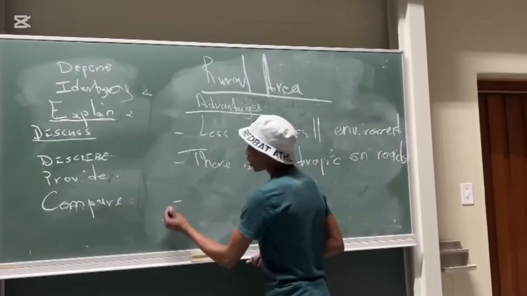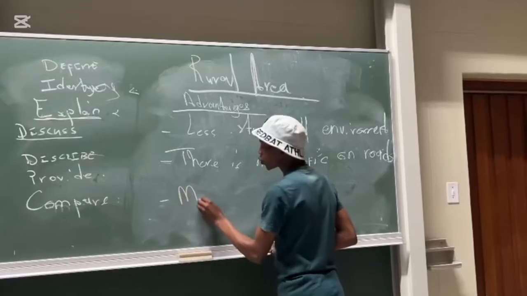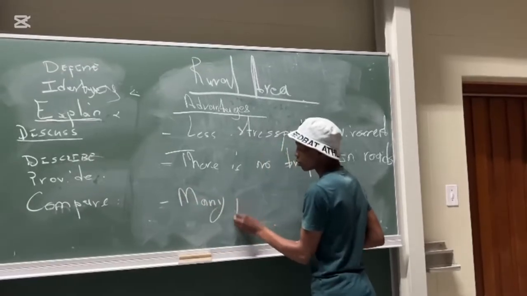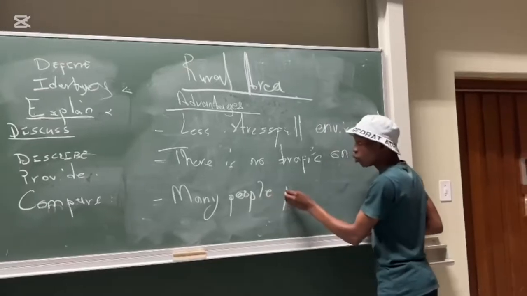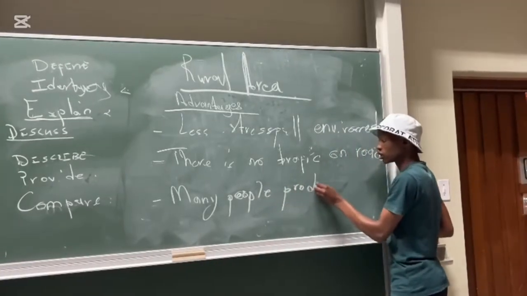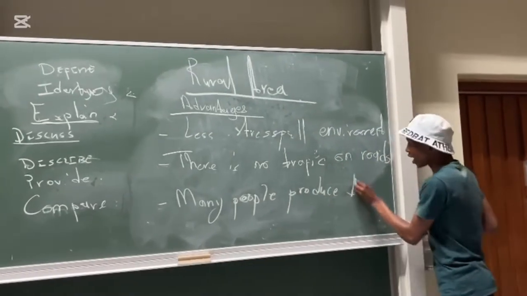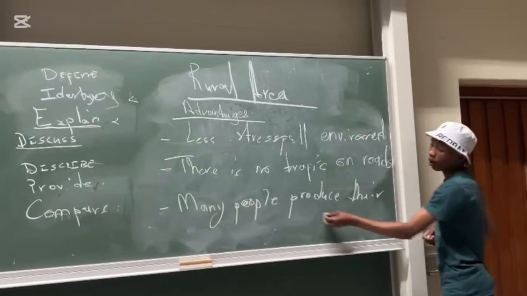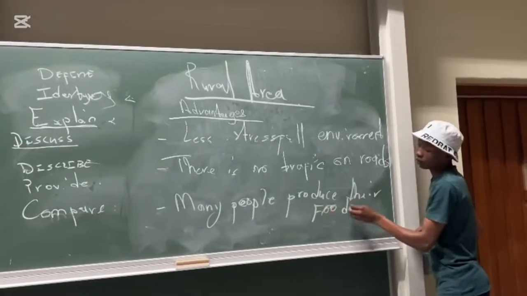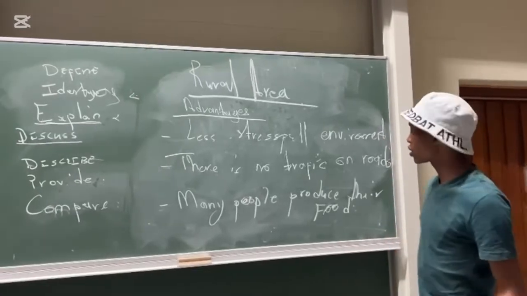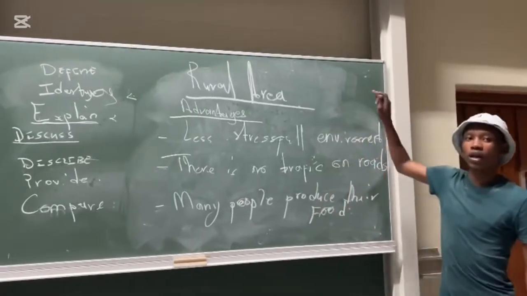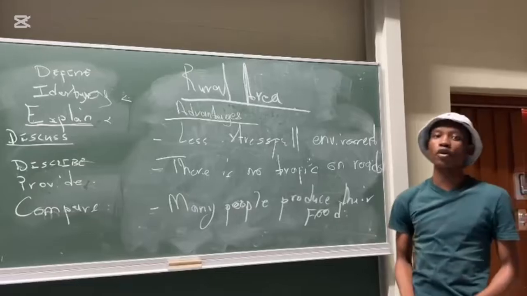And then thirdly, many people produce their own food, such as vegetables and fruits, because they are far away from large towns, far away from cities.